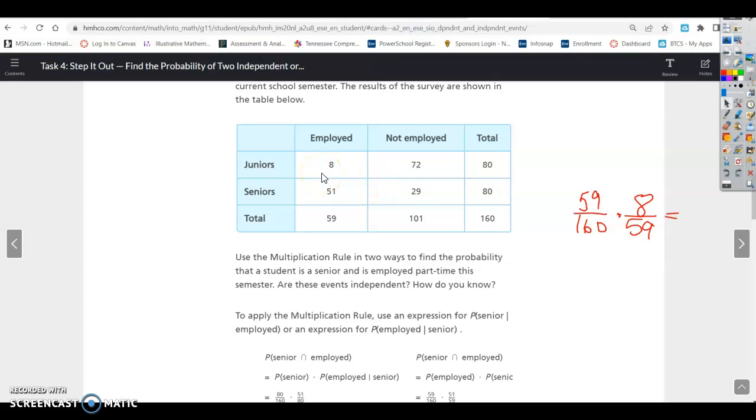Now, I also want you to look and see that if you're looking for juniors that are employed, if you have this table here, you can see that this is juniors and this is employees. So that is 8 out of 160. Okay, so we just found that this is 0.05, but 8 out of 160 is another way to look at it if you have the table and it's ready and easy.